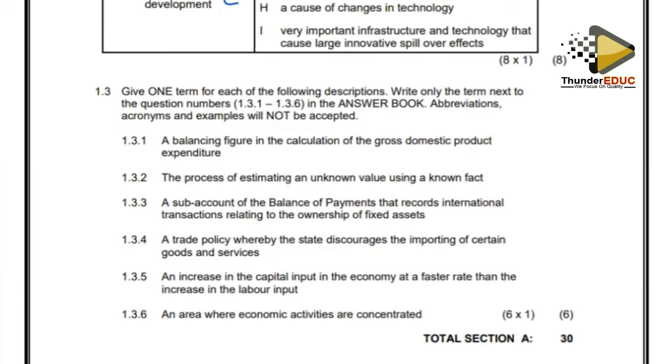So number 1.3.1 reads as follows: a balancing figure in the calculation of the gross domestic product expenditure. That is called a residual item. Residual item, right? So now the next one, we have 1.3.2. It reads as follows: the process of estimating an unknown value using a known value.